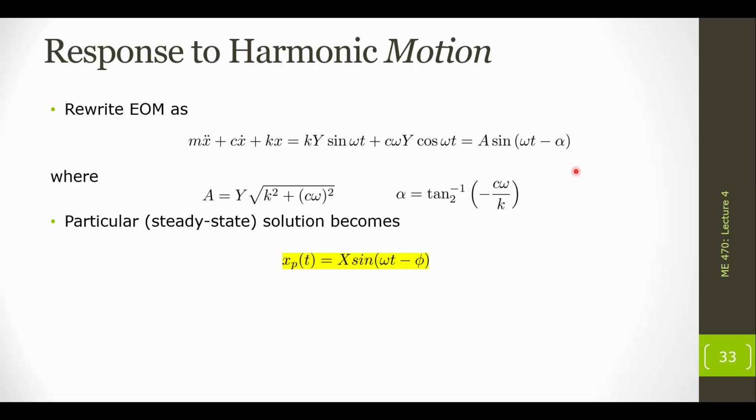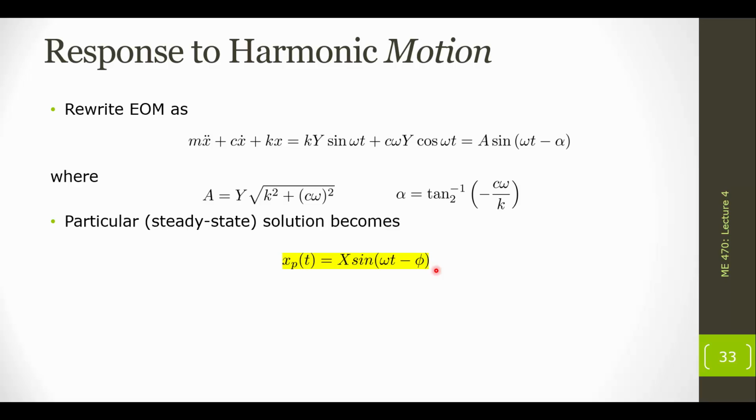So the particular or steady state solution is going to have the form of this, X sine omega t minus phi. So at steady state, we are going to be oscillating at that same input frequency, but our amplitude and our phase are going to be different. So largely, it looks like what we should expect from any forced system that's driven at constant frequency.